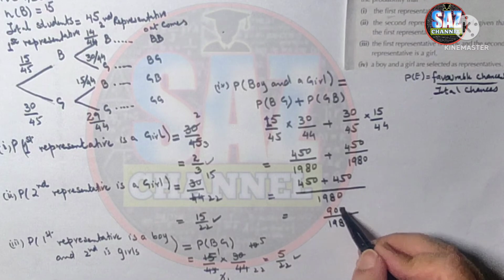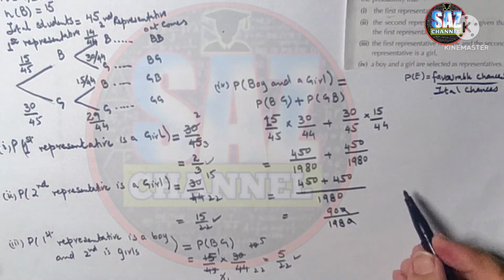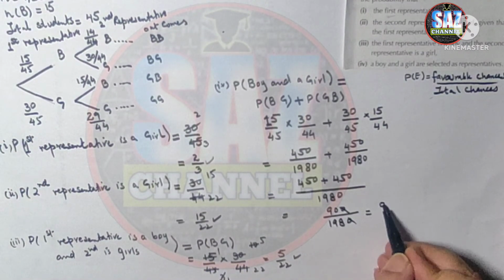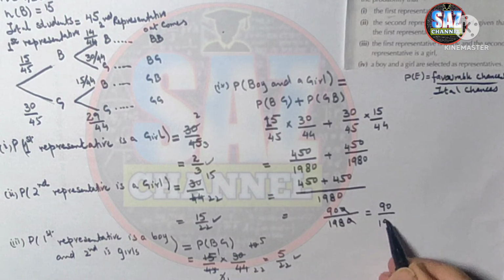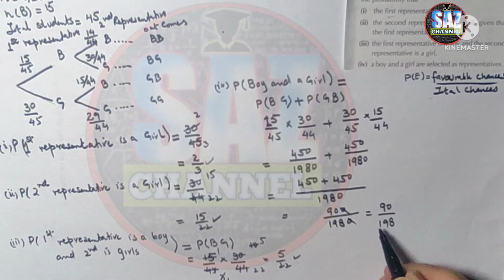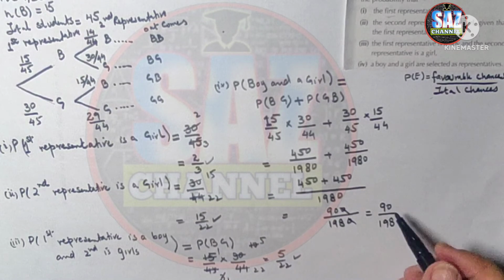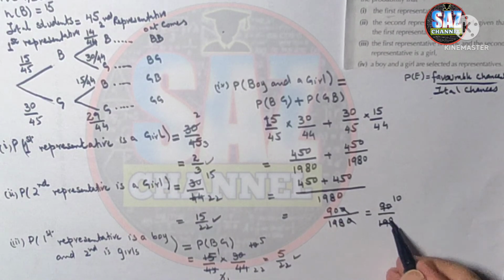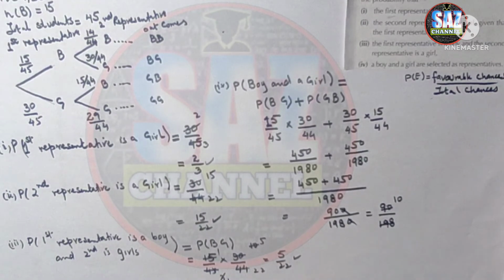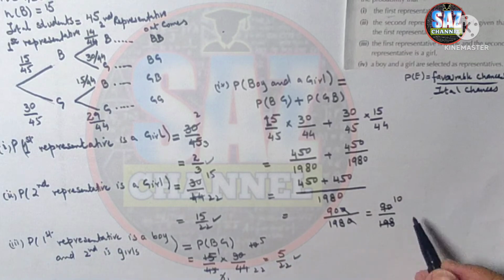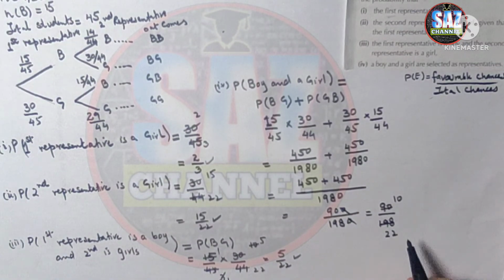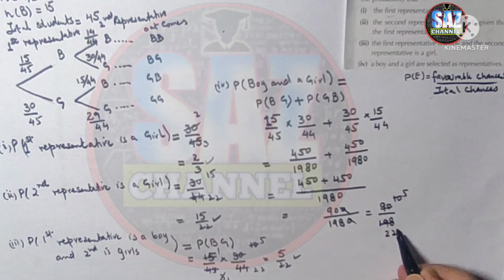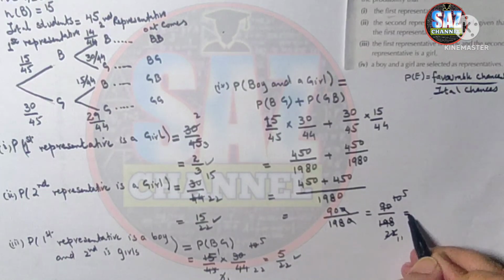We must give the answer in the most simplified form. This goes with this and we are left with 90 upon 198. 9 ones are 9, 9 tens are 90 and 9 twos are 18. 198 divided by 9 is 22, so 2 fives are 10 and 2 11s are 22, giving 5 by 11.